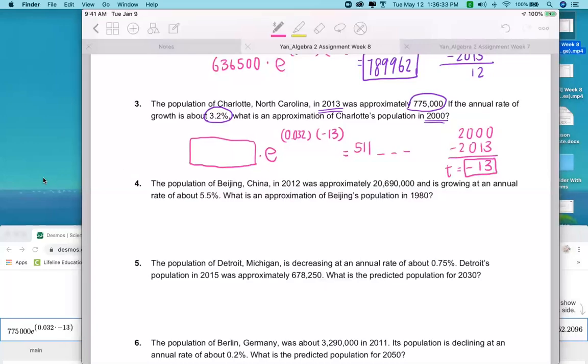Okay, so number 4, we are going from 2012 to 1980 also. So we're going backward. Make sure your time, your t, is going to be in negative. And how many years back is that? It's like 32 years. So make sure your time is negative 32.